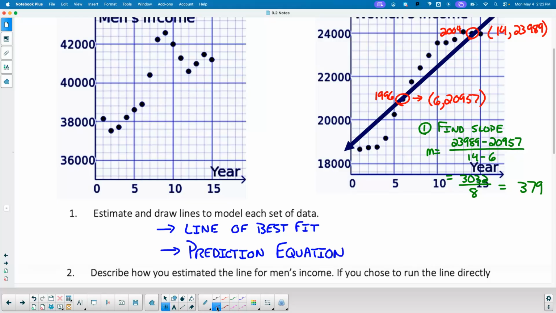It can't be both. Point slope, because I have the slope and I've got 2 points. Can't use the slope intercept form because I have the slope, but I don't have the y-intercept. So which point do you want to use, the upper one or the lower one? Lower. Okay. So we're going to use point slope form then.